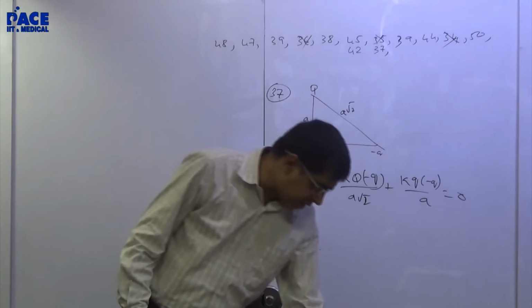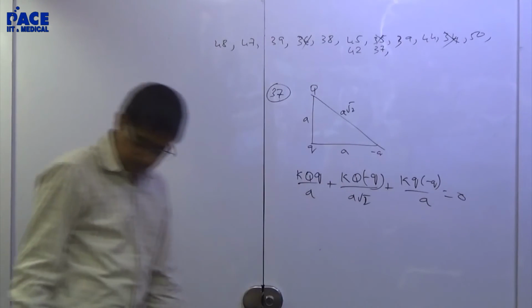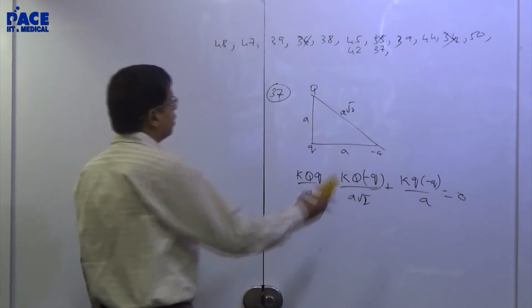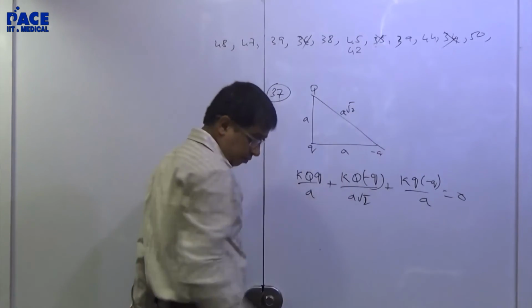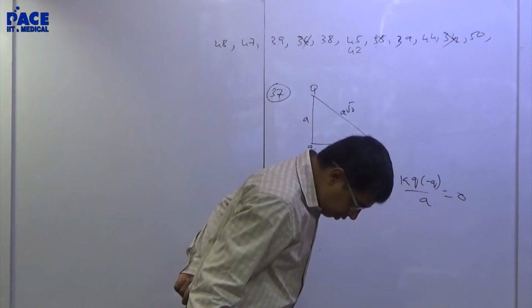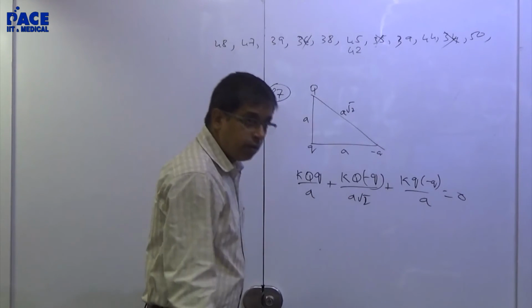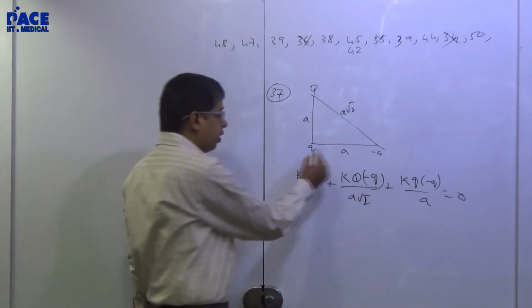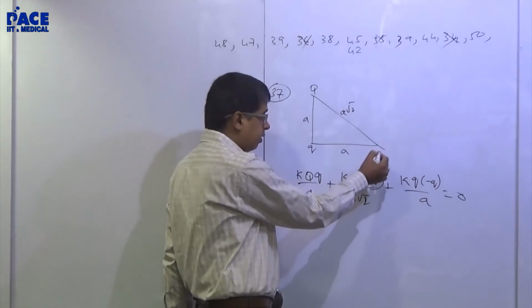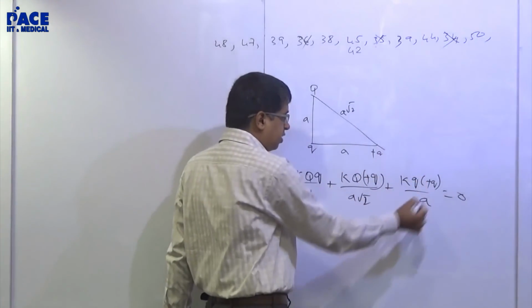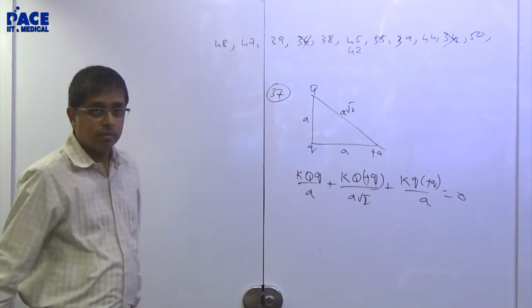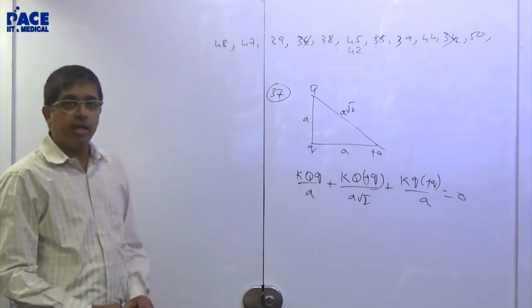Find the value of capital Q. Both the charges are positive. Q and q are positive. Yes, sir. Then put plus here. You will get capital Q to be negative.